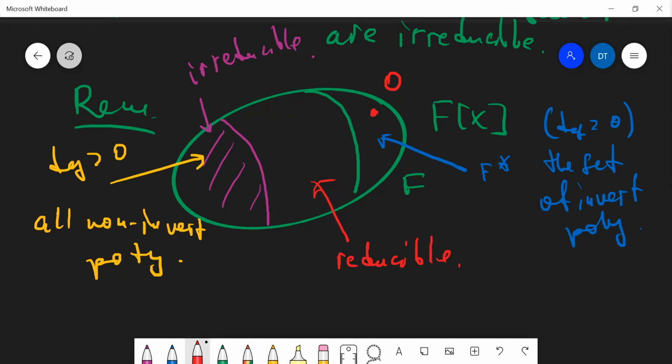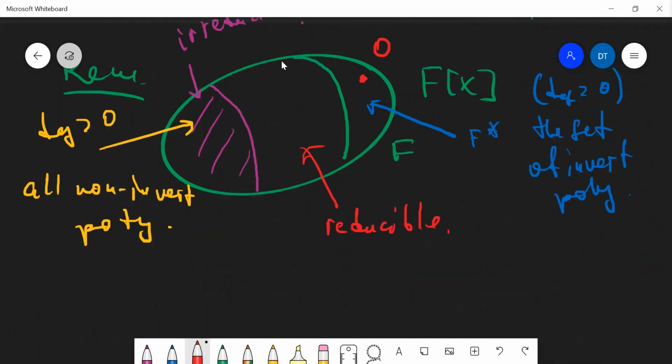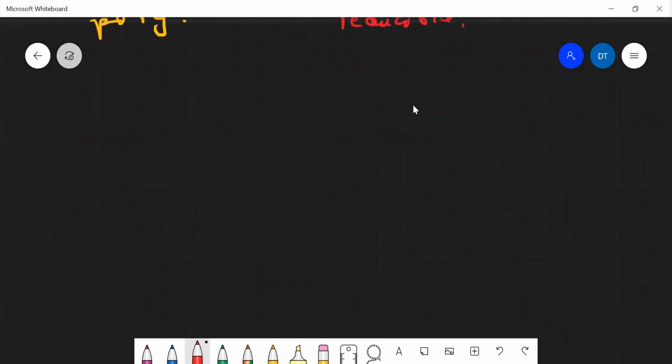And there is a result saying that every reducible polynomial, which is a polynomial of positive degree, can be factorized uniquely into a product of irreducible ones. So this is the claim. This claim means that this ring is a unique factorization domain. So let me write this claim down.